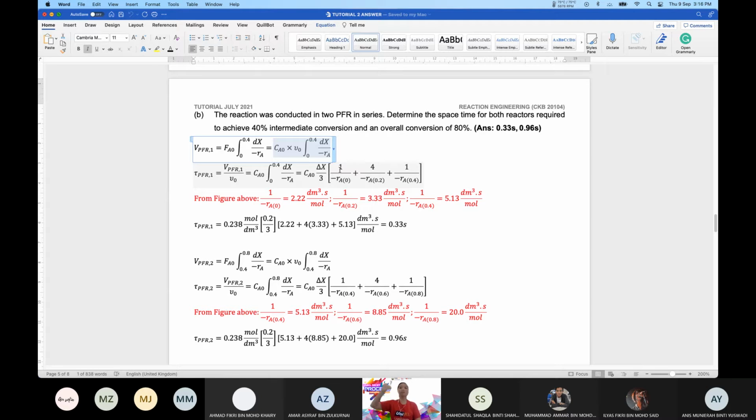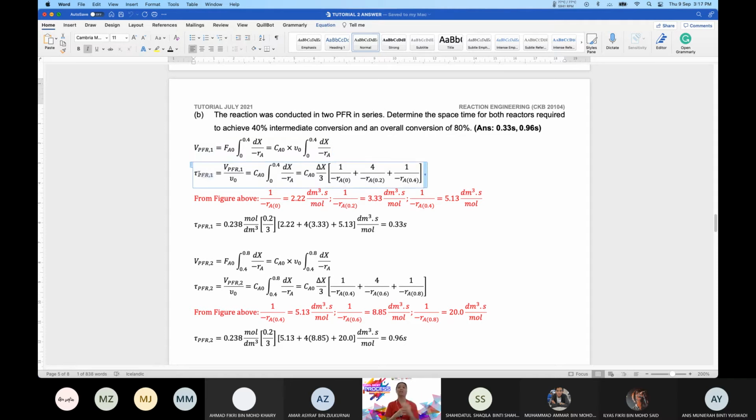So can you imagine if the V0 on my right hand side, I transfer to the left. Sekarang kalau kat bahagian kanan dia atas, kalau saya pindah ke belah kiri ke bahagian volume tu, dia akan jadi apa? Dia akan jadi bahagi kan? Sebab mathematics, right? You go opposite way, you become division. So akan menjadi volume PFR1 divided by inlet volumetric flow rate. Itu kan sama dengan space-time.